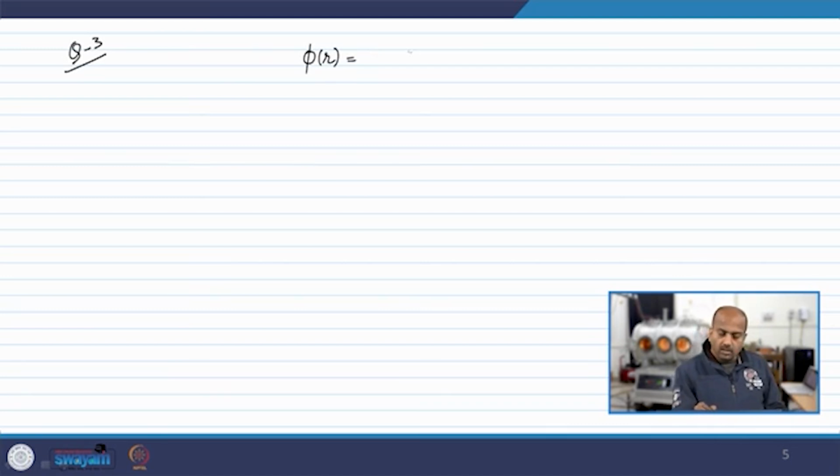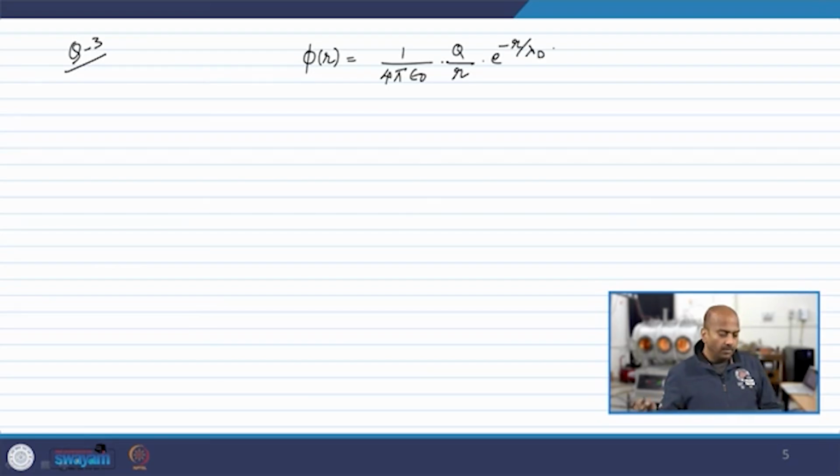So, question number 3: we know that the plasma potential phi, or the Debye potential phi of r, is given as 1 by 4 pi epsilon naught q by r into e to the power of minus r by lambda d, right, where lambda d is the Debye length. If this is the potential, find out or derive an expression for the electric field.